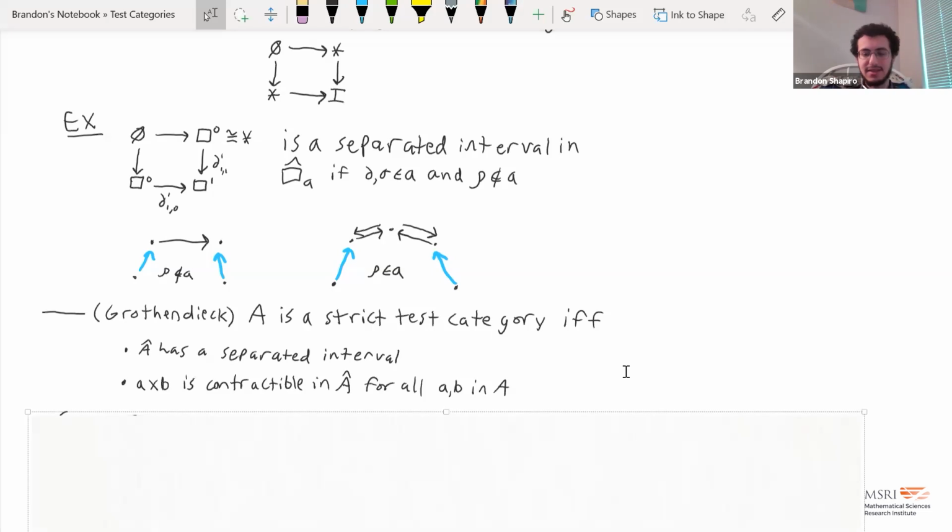Now, A doesn't necessarily have to have products, but you can take the product of representables in the presheaf category A hat. And as we see in the simplex category, the product of two simplices is a contractible simplicial set. So that's the property that we want, in addition to just the existence of a separated interval. We're not really going to use it very much, at least in this characterization.